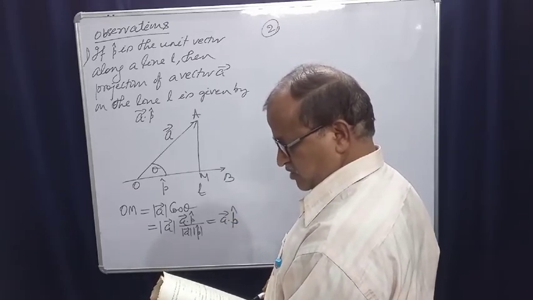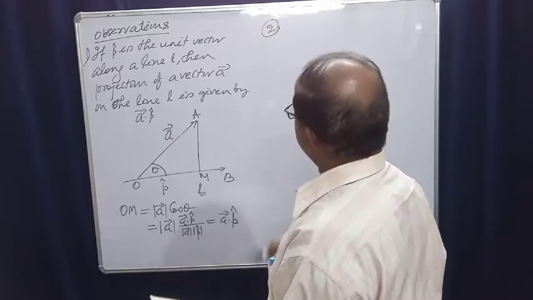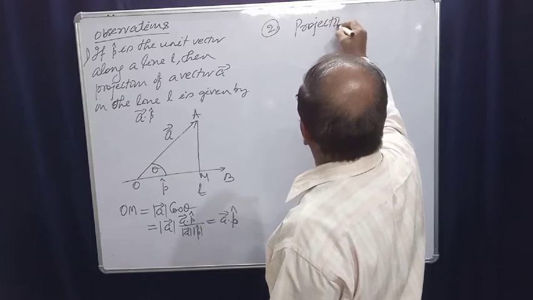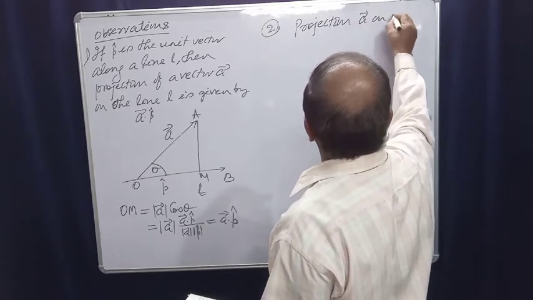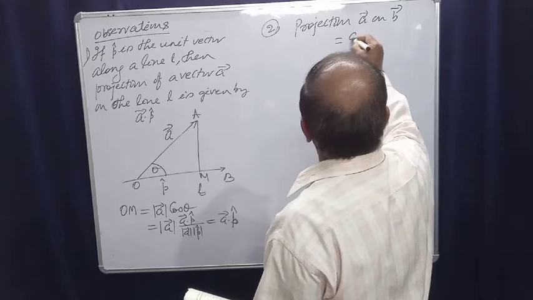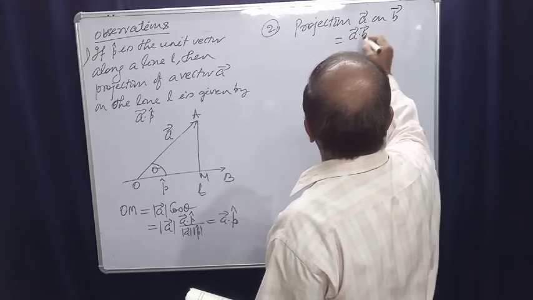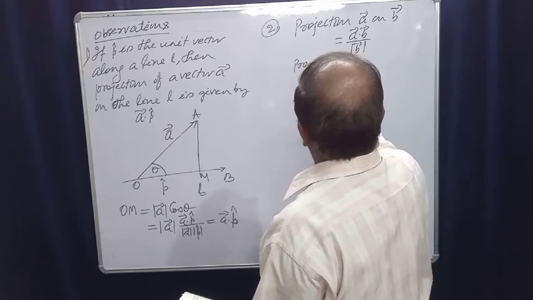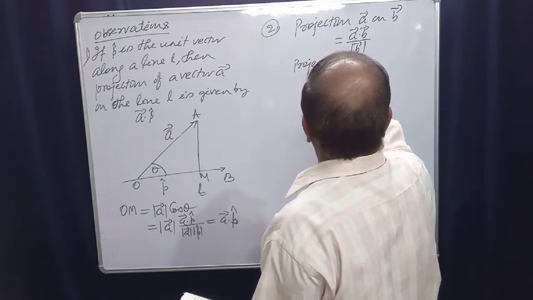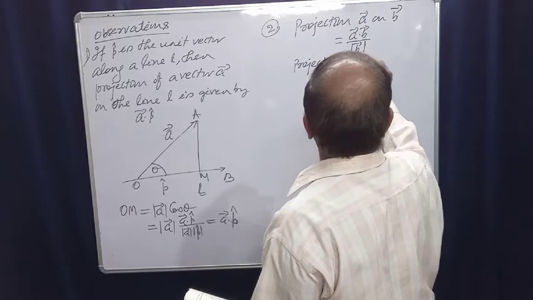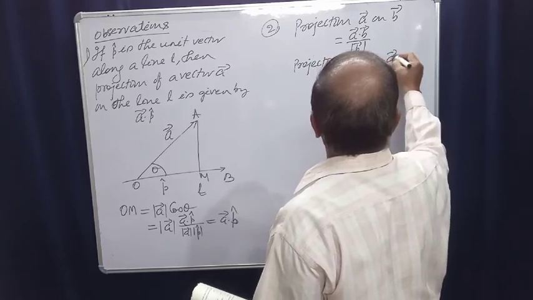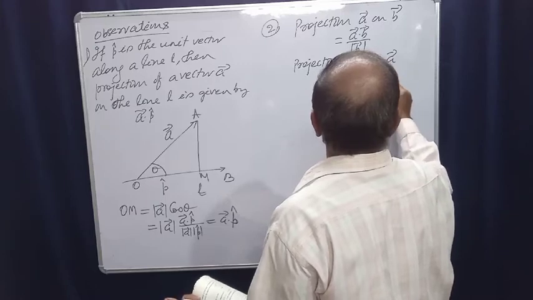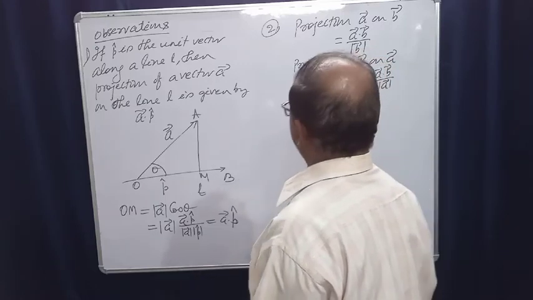I have already told you, right? Projection of A on B is equal to A dot B by magnitude of B. Projection of B on A is equal to A dot B by magnitude of A.